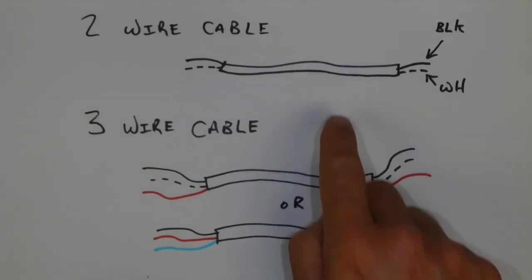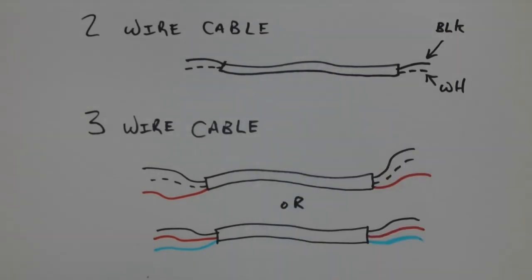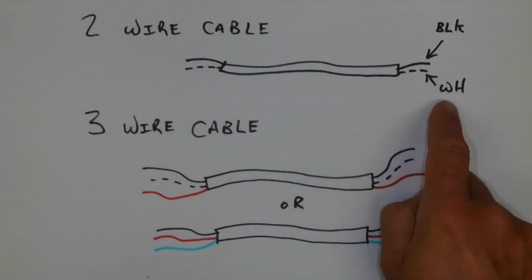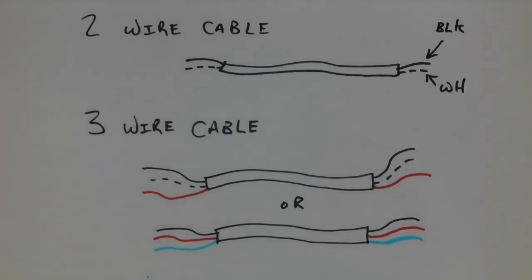So these cables here are pretty typical for industry. If you get a 2-wire cable, typically it's going to be black and white. There are some cables that we can get that are black and red insulated conductors inside, but those are pretty few and far between, and usually you're only using them for 240 volt heating circuits.